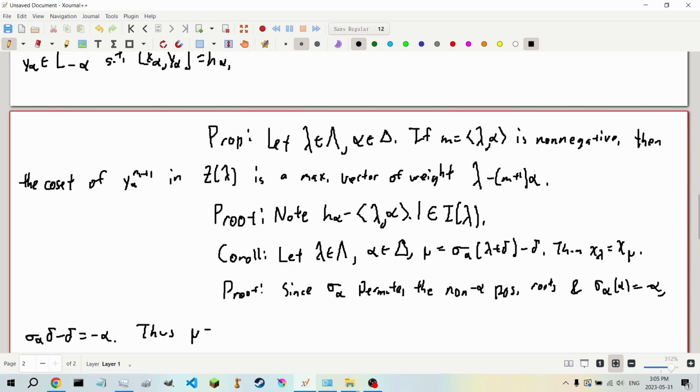And thus mu is sigma alpha of lambda plus delta, minus delta, which is sigma alpha of lambda minus alpha, which is lambda minus 1 more than the angle bracket of lambda and alpha, times alpha.